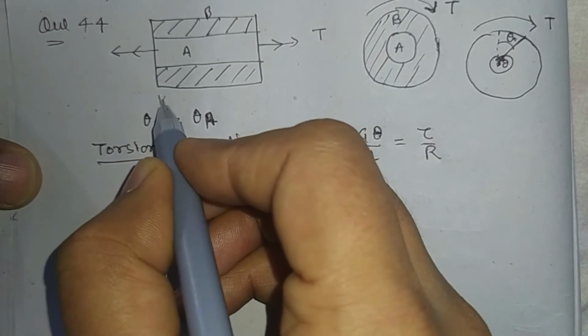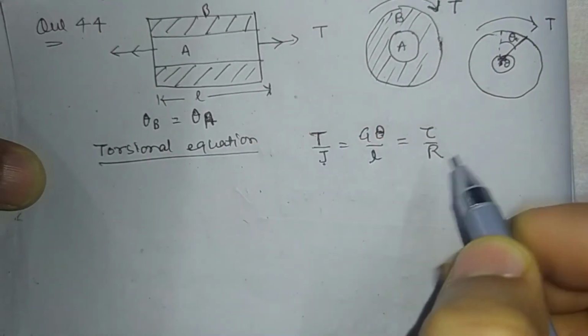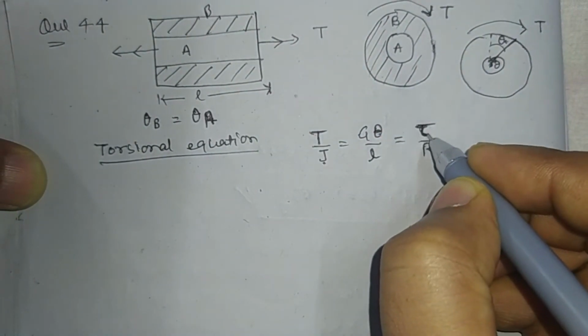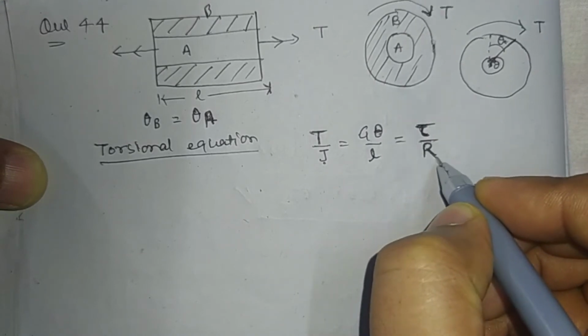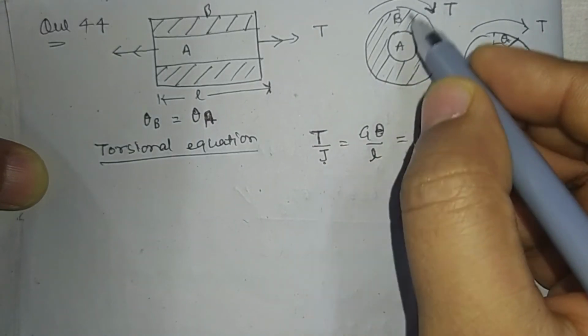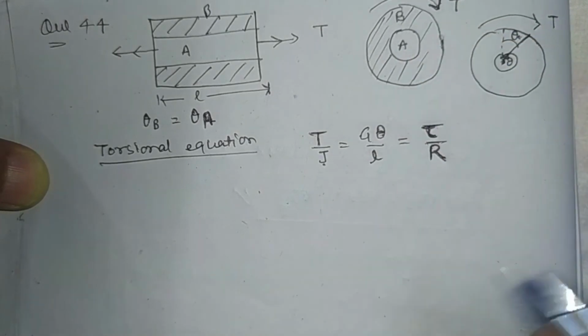L is the length of the shaft, tau is the shear stress, and R is the distance or radius.